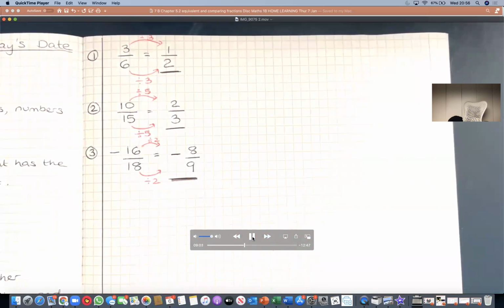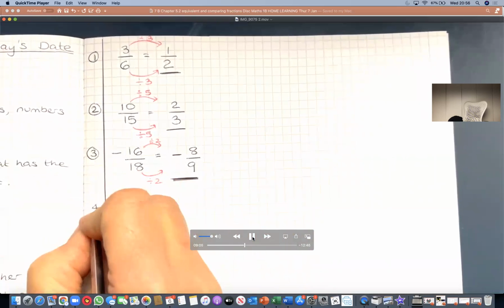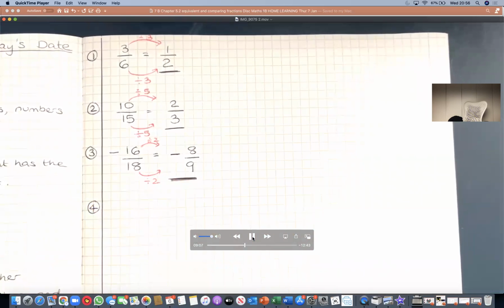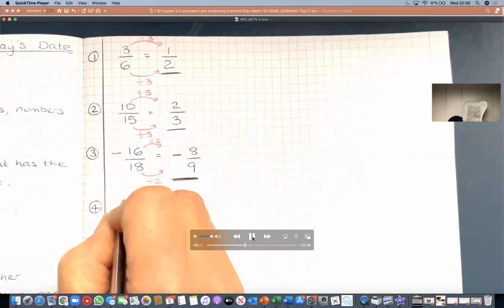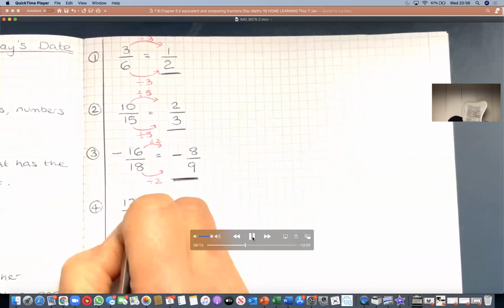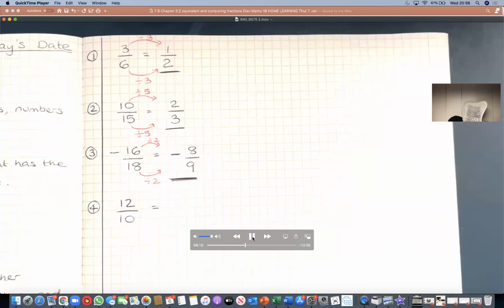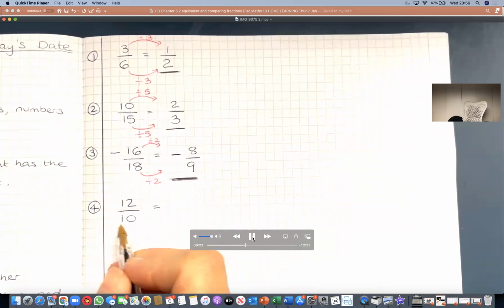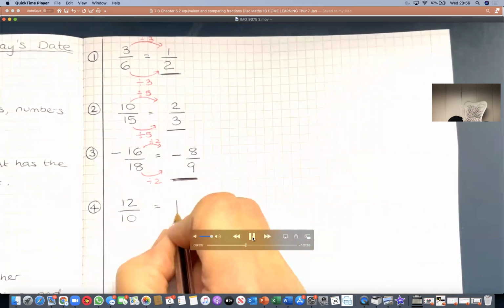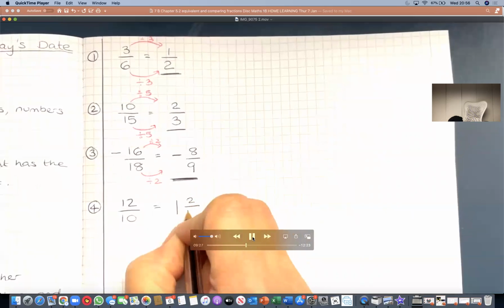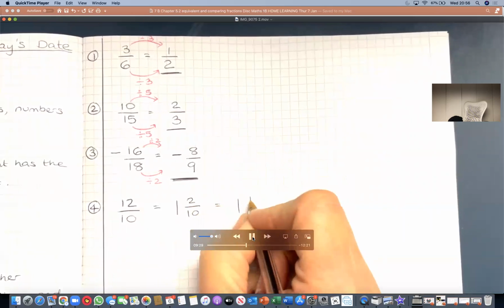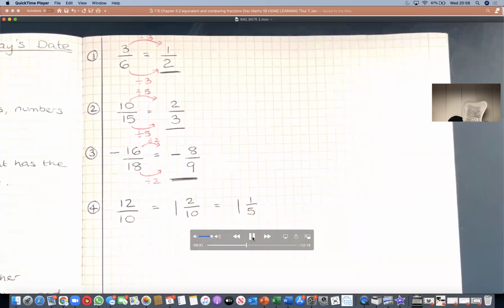Okay, what about if we had a mixed number? Sorry, we're creating a mixed number from an improper fraction. So I've got 12 over 10. We've already done conversion from mixed numbers into improper fractions and improper fractions to mixed numbers. 10 goes into 12 one time, remainder 2, and then I can simplify that down to 1 1/5.